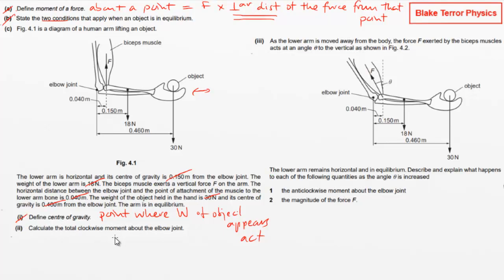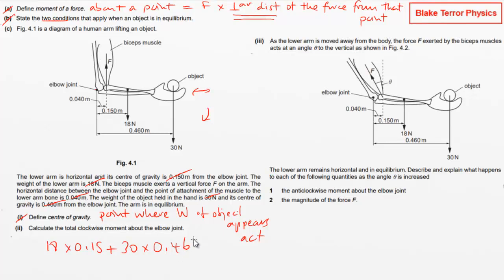Calculate the total clockwise moment about the elbow joint. So total clockwise, so we're going that way, we're going to have 18 multiplied by about the elbow joint, about here. So 18 multiplied by 0.15 plus 30 multiplied by 0.46.